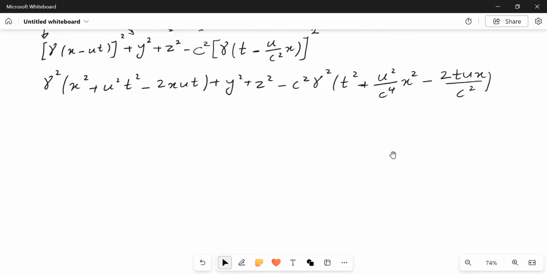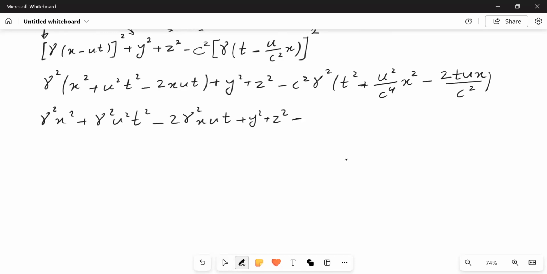Now let's try to simplify things further. So here I have gamma squared x squared plus gamma squared u squared t squared minus 2 gamma squared x u t plus y squared plus z squared minus c squared gamma squared t squared minus c squared cancels c squared from the denominator of the second term, leaving us with a u squared over c squared times x squared.